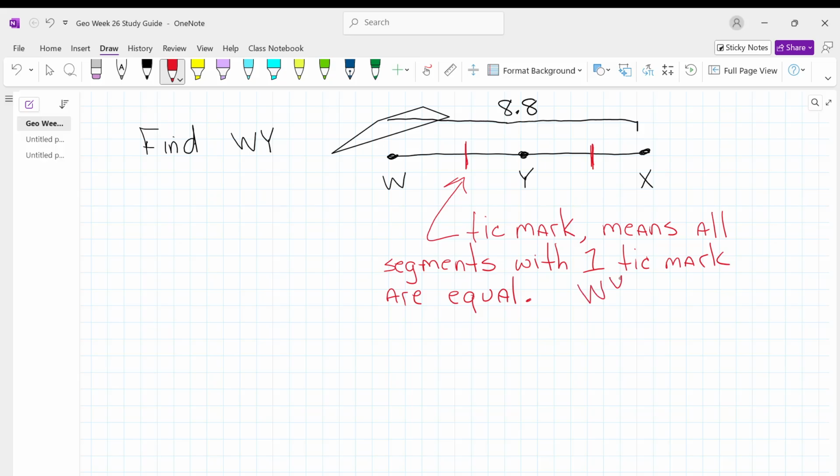So W to Y is equal to Y to X. So if the overall length that we're given is 8.8, and we need to find the two segment lengths, or one segment length, but both of the segments are equal to each other.